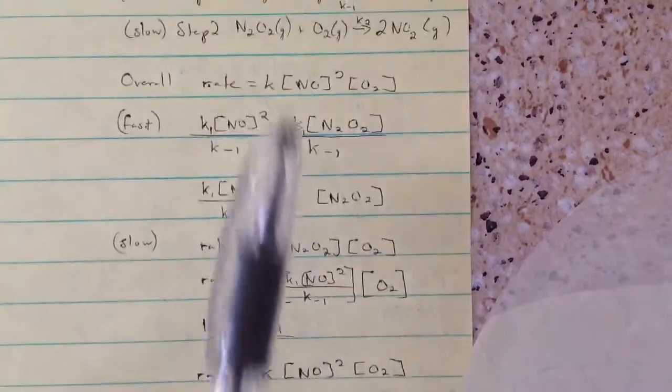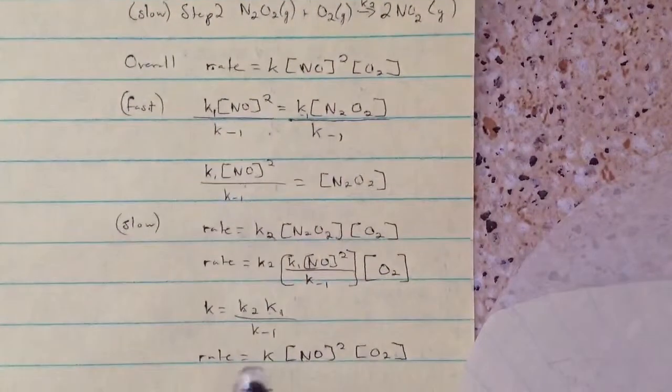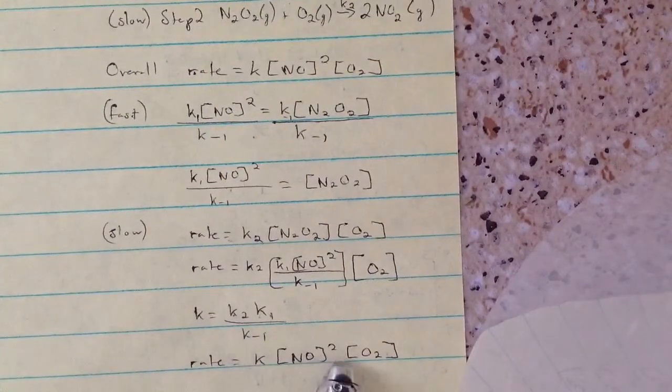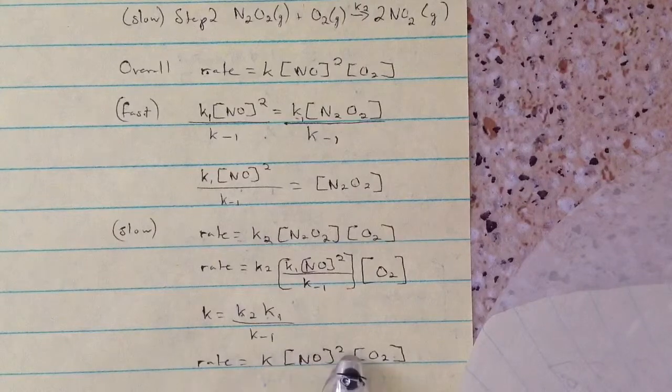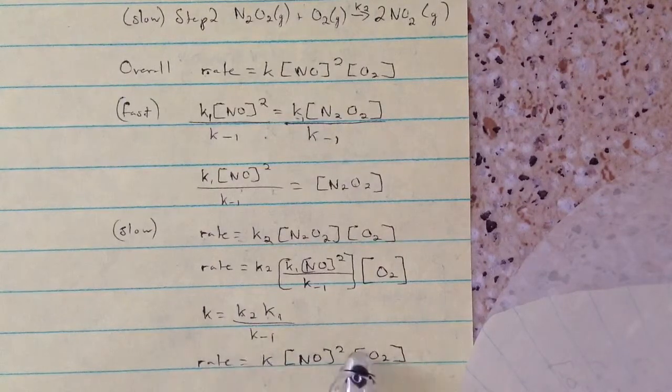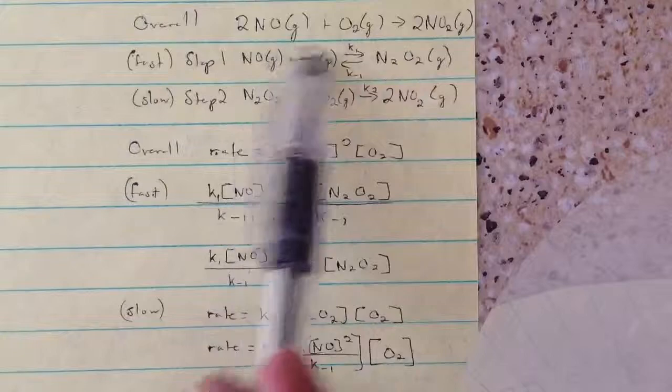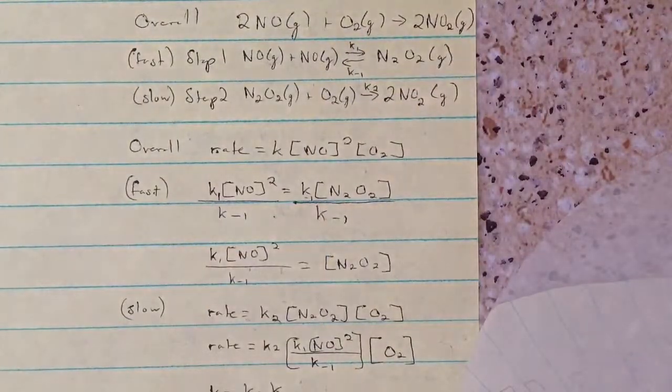And this is actually equal to the overall rate law. So this mechanism is successful because, first of all, it matches the rate law, and it cancels to create the overall chemical equation.